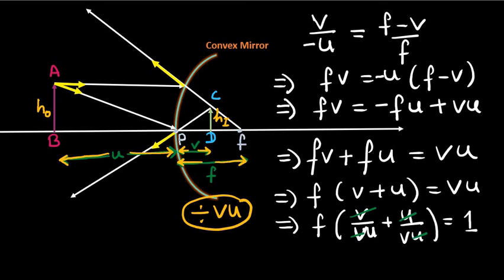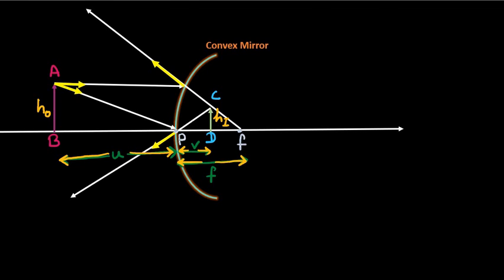And ultimately, on transposing f to the other side, we will have on the left side 1 by u plus 1 by v, which is equal to 1 by f. So finally we derive the formula for spherical mirrors using the ray diagram in the case of a convex mirror. So the mirror formula is 1 by f is 1 by v plus 1 by u.